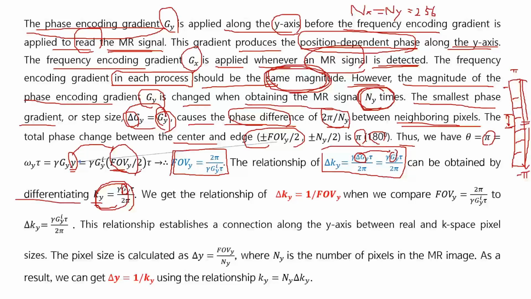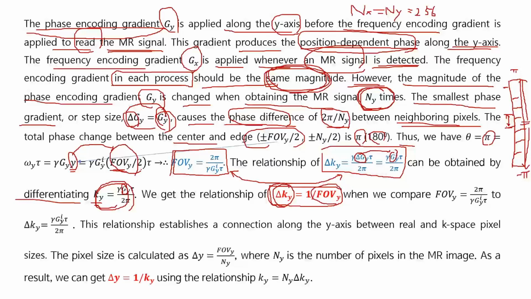Comparing these two relationships, we can have this relation. This relation gives the pixel size in k-space on the y direction.